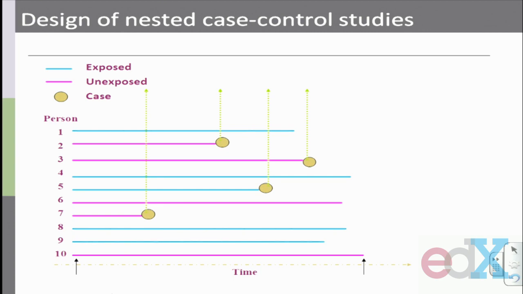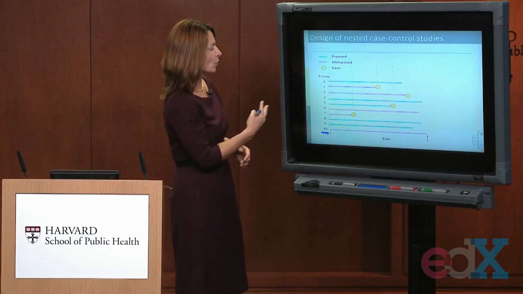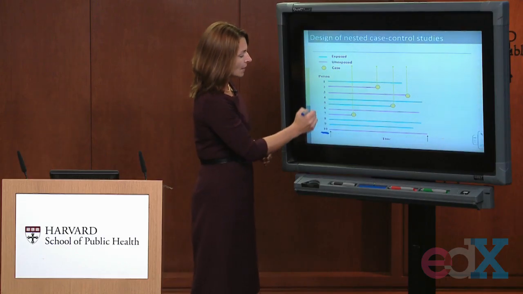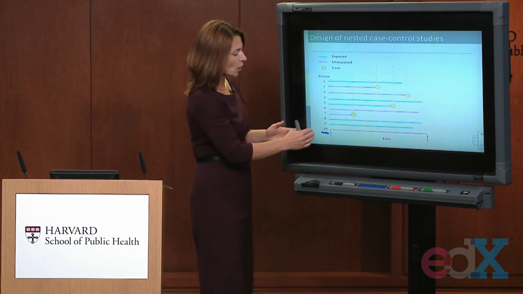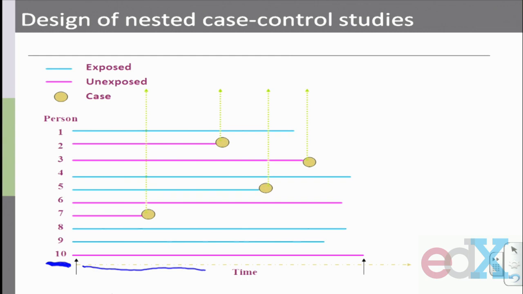So here I have an example of a hypothetical cohort study. You have individuals who are all at risk of the disease of interest at the start of the study. And at the start of the study, because they're at risk, nobody has developed your disease of interest. So for example, if we were studying prostate cancer, these would all be men and they'd all be free of prostate cancer. And then with a cohort study, you follow individuals forward in time and you observe what happens to them.